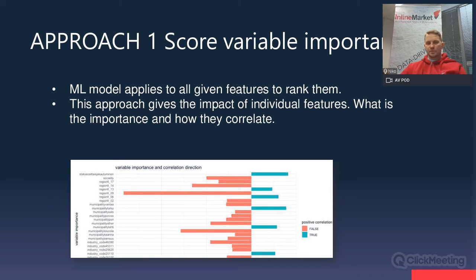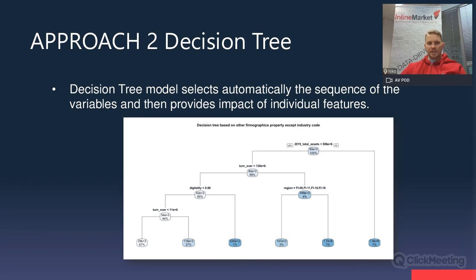Moving on to the second approach, the decision tree, and here we have a simple illustration, and very much the same applies here. This is a little bit more useful and as easy as the previous approach, but the value here is that instead of just providing individual features, saying focus on this, the decision tree gives you also the relation.